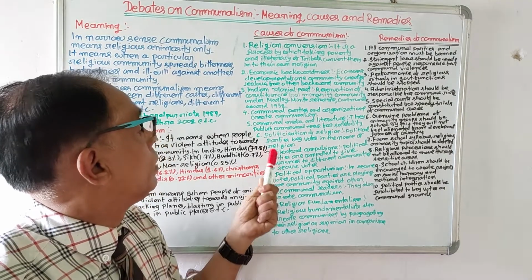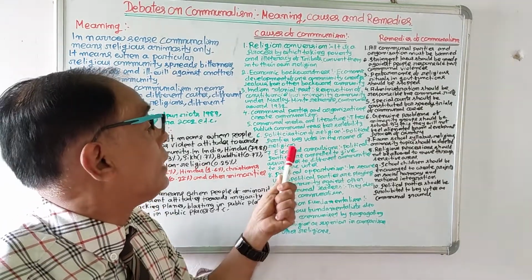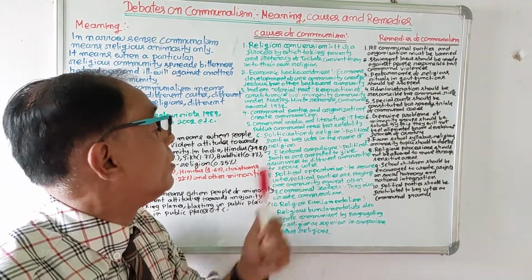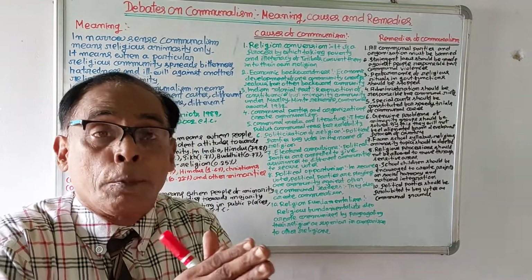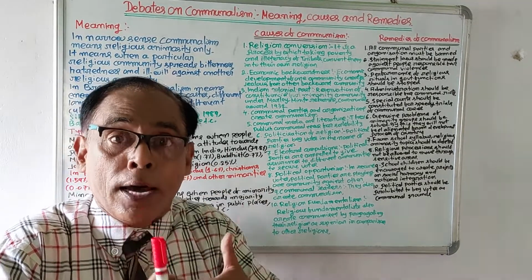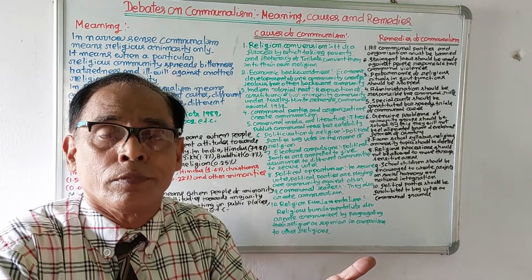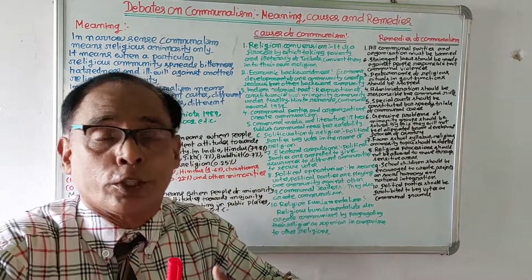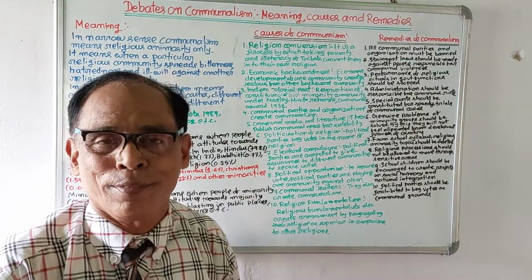Number six, politicization of religion. Politicization of religion means political parties beg votes in the name of religion. Sometimes different political parties, in order to come to power, request people to give them votes in the name of religion.